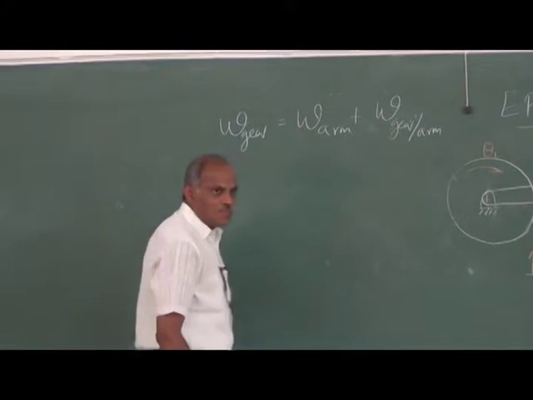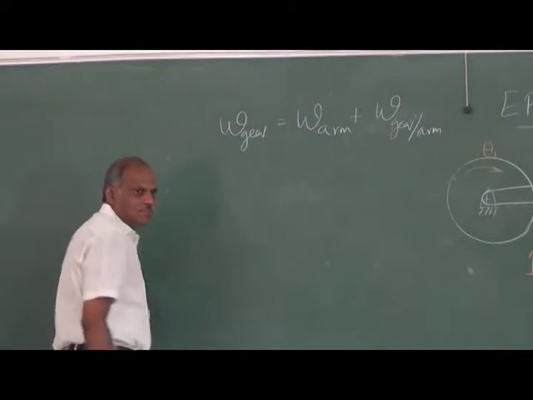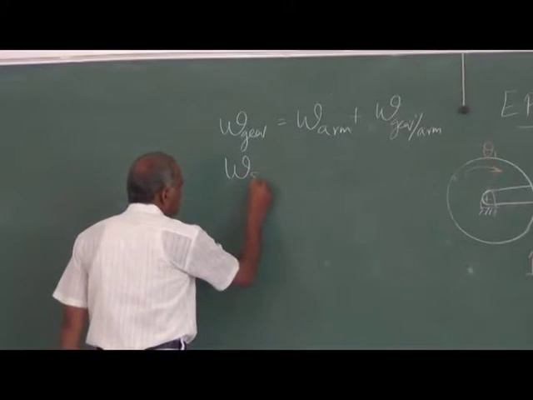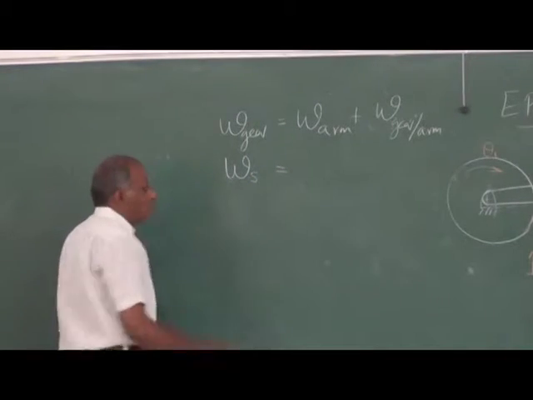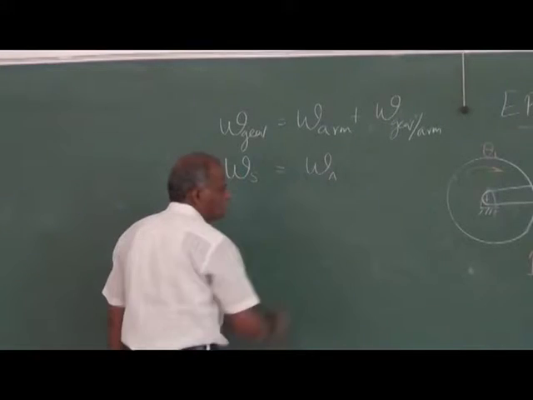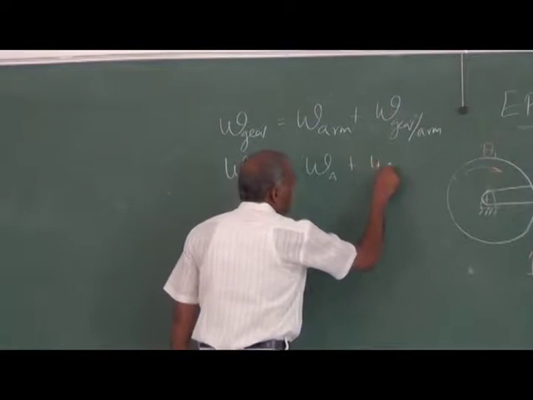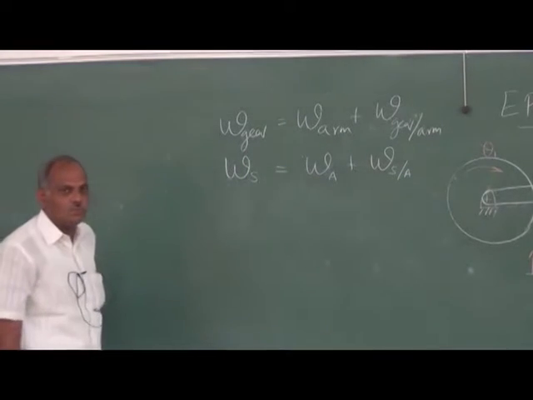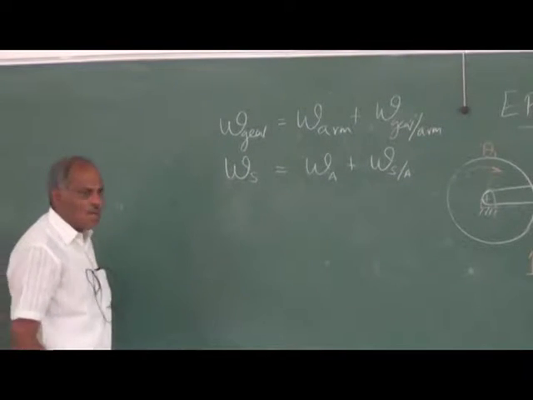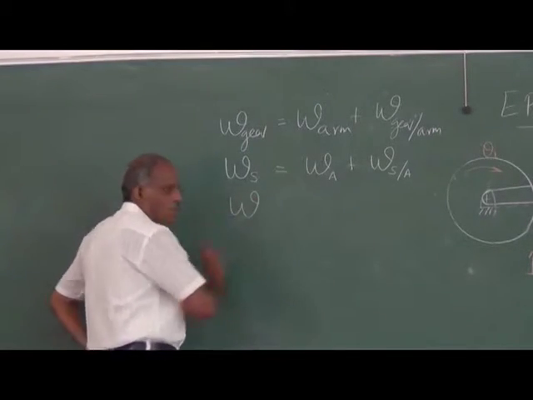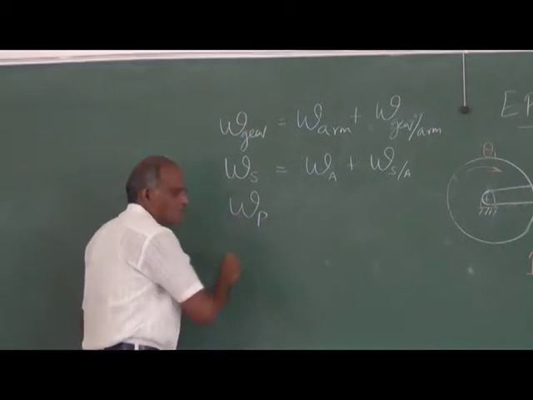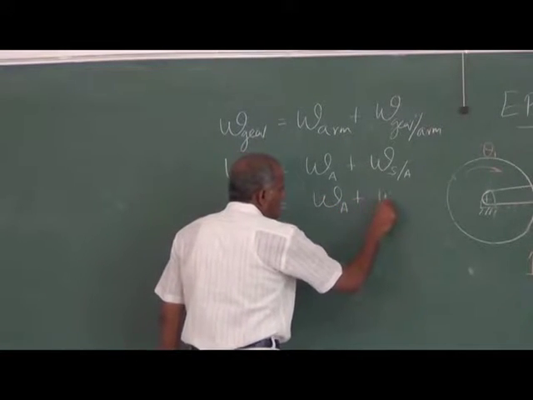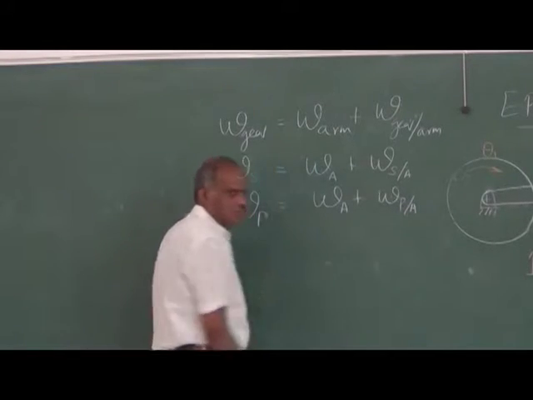So here I will use this equation: the angular velocity of the sun gear is given by the angular velocity of the arm plus the angular velocity of the sun gear with respect to the arm. I can write another equation. The angular velocity of the planet gear is the angular velocity of the arm plus the angular velocity of the planet with respect to the arm.